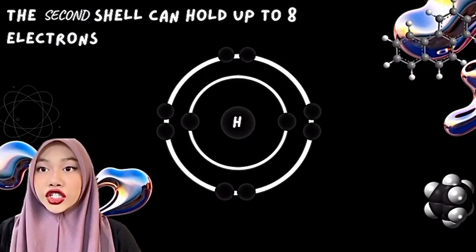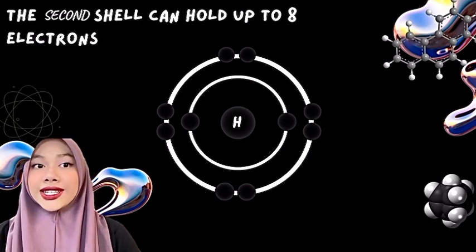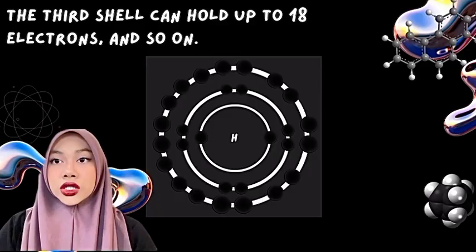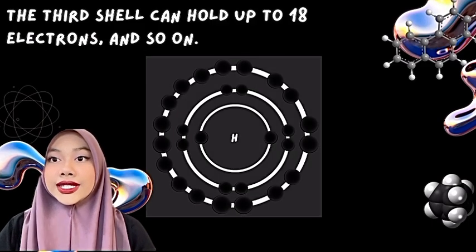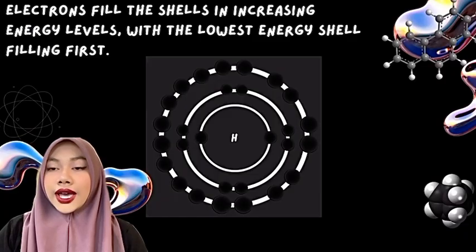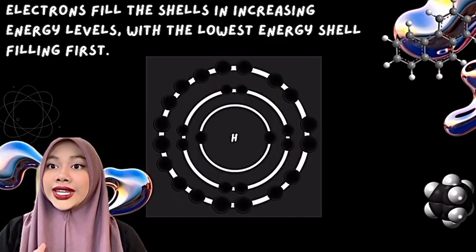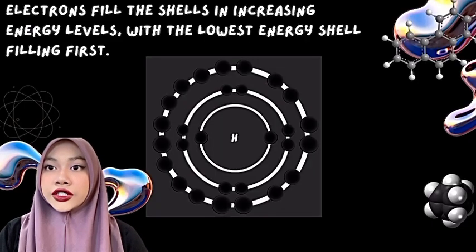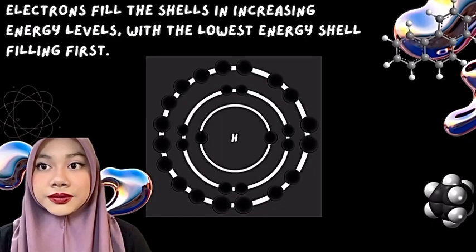Next, the second shell can hold up to 8 electrons. Lastly, the third shell can hold up to 18 electrons and so on. Electrons fill the shells with increasing energy level, with the lowest energy filling up first.